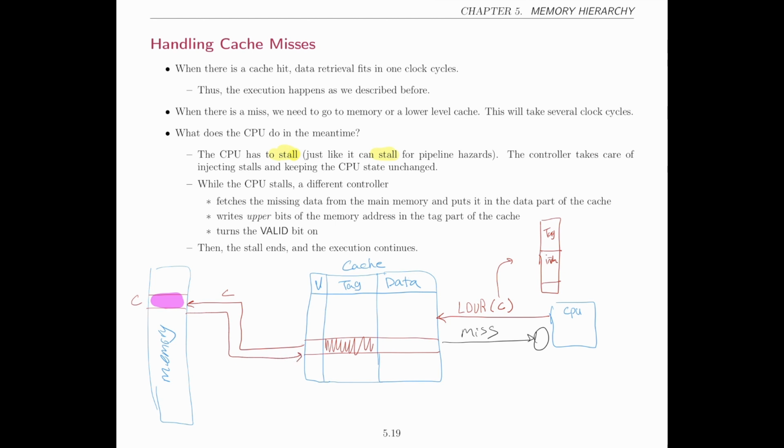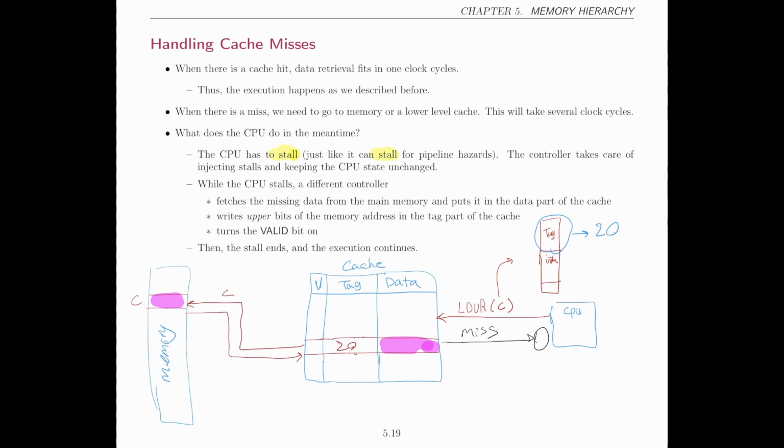You put that data in the data position. You are going to take this tag, whatever it was. Let's say it was a number, I don't know, 20, for example. And you are going to update the tag that you have in your cache to this value, right?